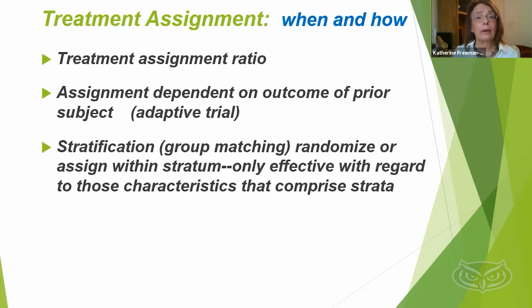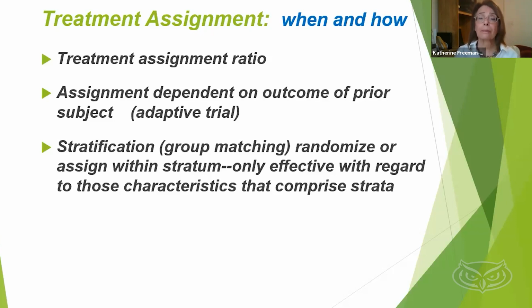Another point about treatment assignment in randomization is stratification. Often you'll see trials where participants are randomized to different groups in a completely randomized design. The problem with that is that you may end up with, and I've seen it, 20% more patients being assigned to one group as opposed to another.